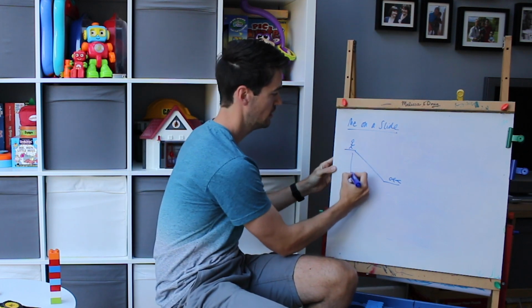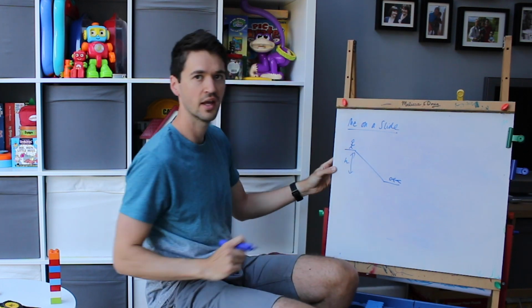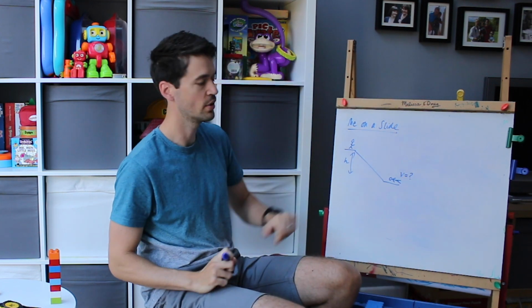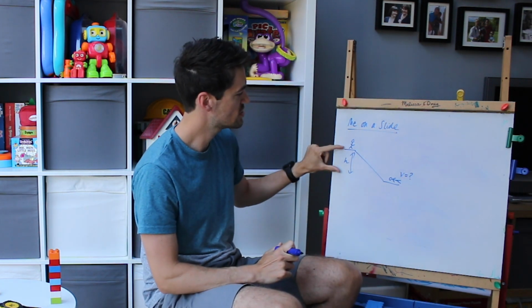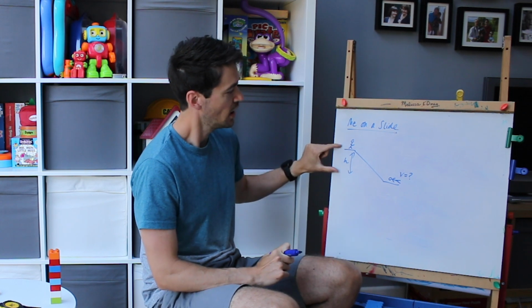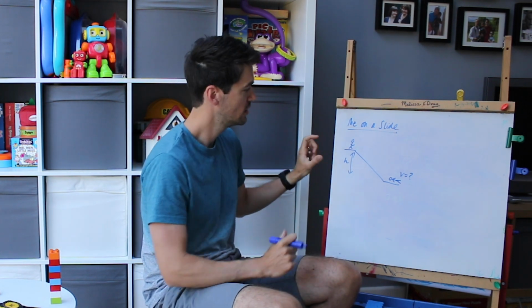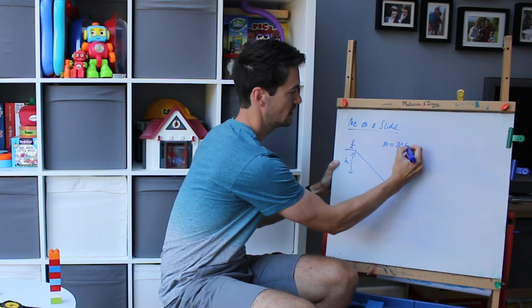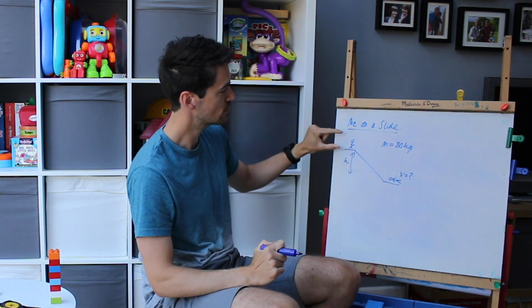Now the height of here we'll call h, and we're going to try and work out my velocity at the bottom. We're going to need to know a couple of things, which would be the mass of me, and so I'll tell you my mass being 80 kilograms.